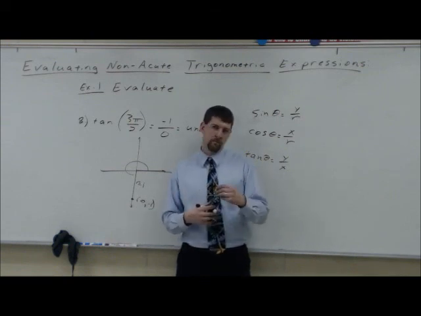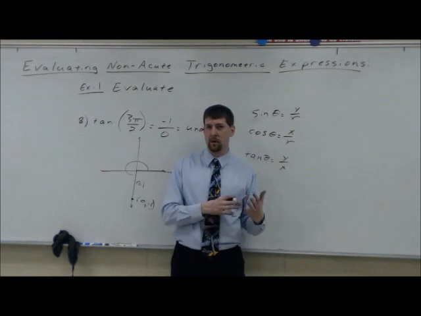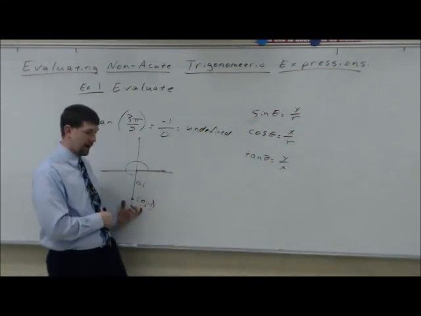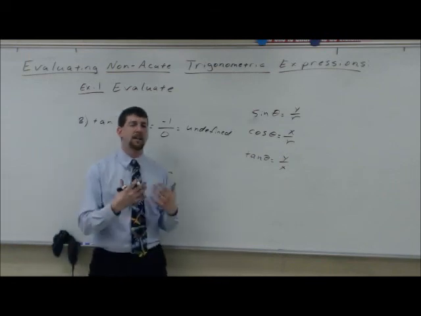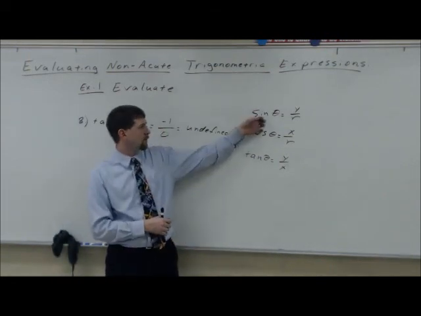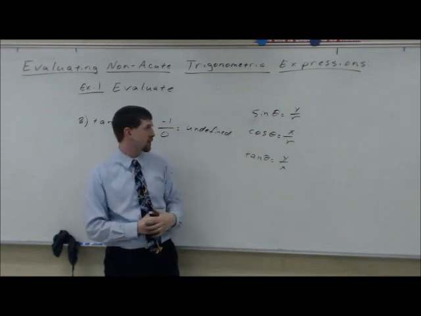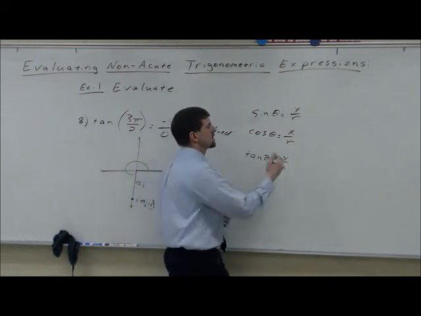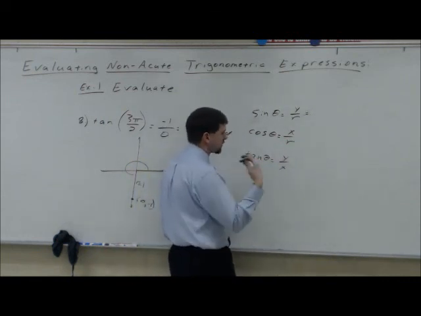Now when I get a point on a terminal side where I don't know the angle, or when I get a quadrantal angle where I just have to pick a point on that side, when I get things that don't give me those special right triangles, then I'm going to use these relationships here for sine, cosine, and tangent. And it's still off of the same definitions.